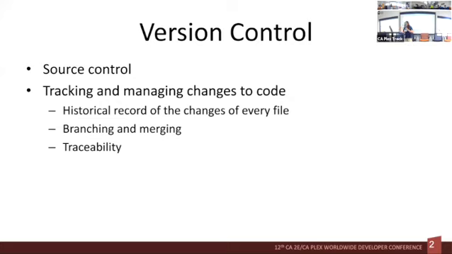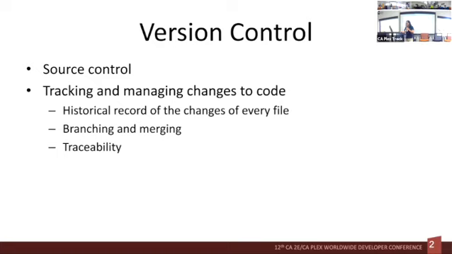All these are marked by what is called a SHA in source code management. It's a secure hash algorithm. So it will have a special code that you can refer to at any point in your application development.